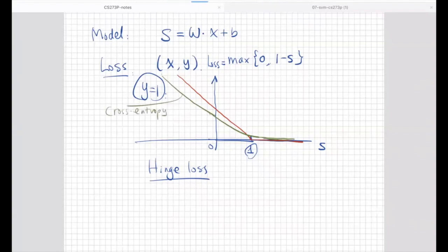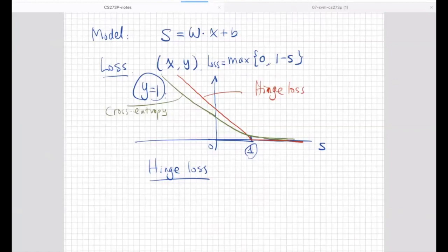However, the overall trend is very similar. If your score is very negative, then the negative log likelihood is very large, so you impose a very big loss on the function.